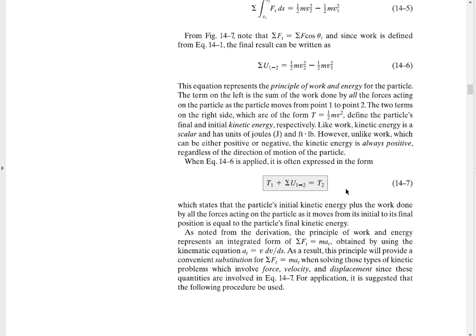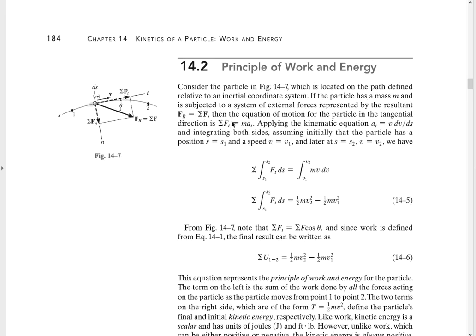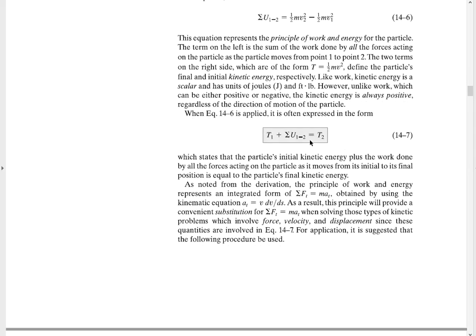And again, this is an integral form of Newton's second law, and it can be used when we have force, velocity, displacement between two positions. So there's no time involved here. It's just the displacement that's the independent variable.